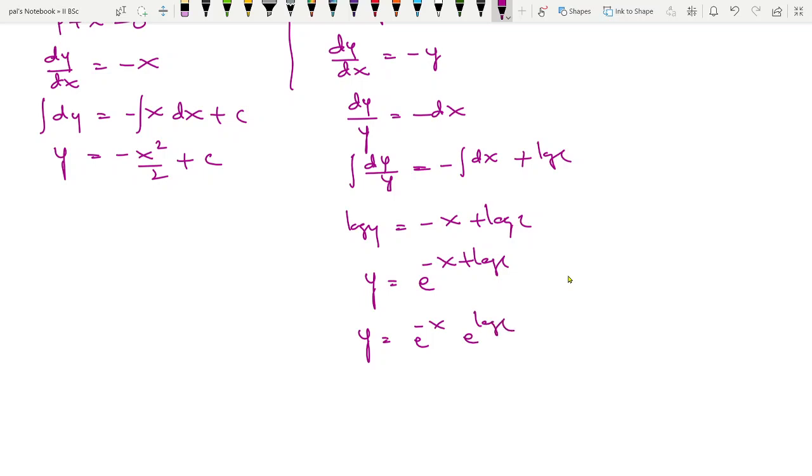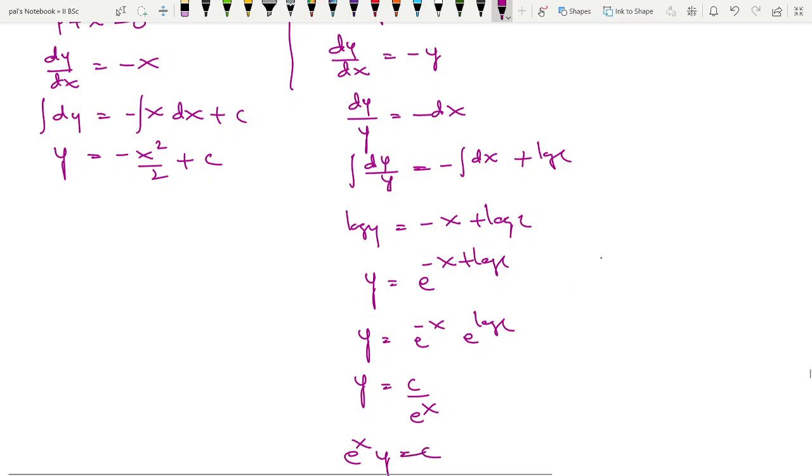Here we can cancel this, remaining is c. y is equal to c by e to the power of x. e to the power of minus x can be written as 1 by e to the power of plus x. e to the power of x into y is equal to c is the solution.